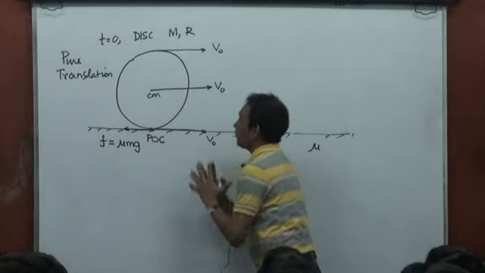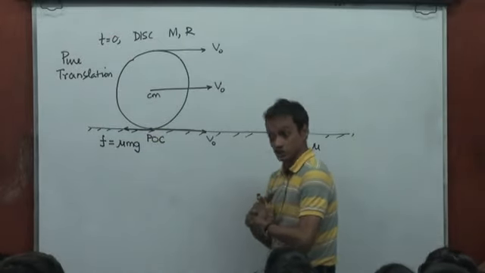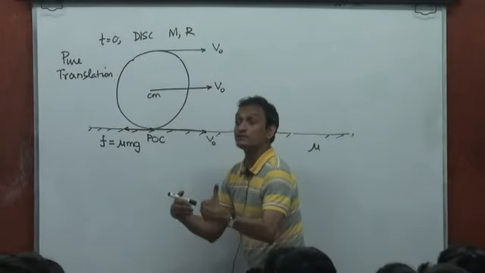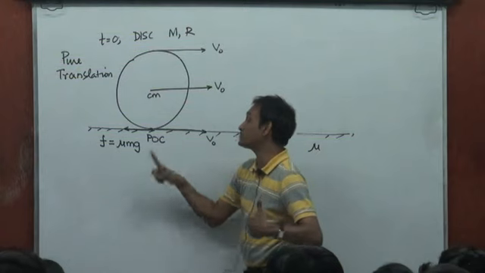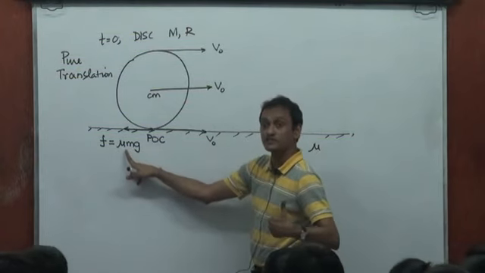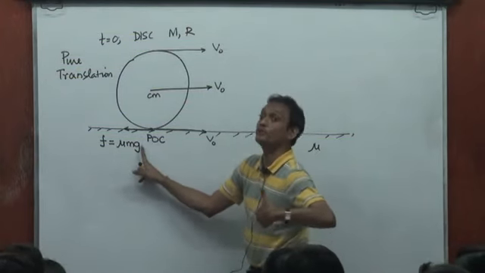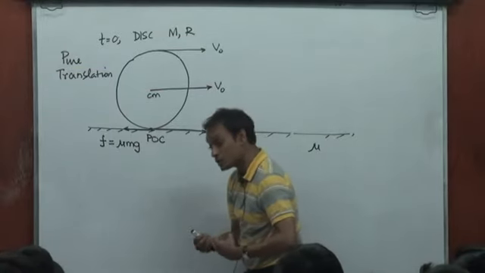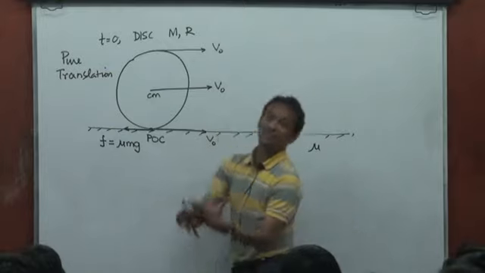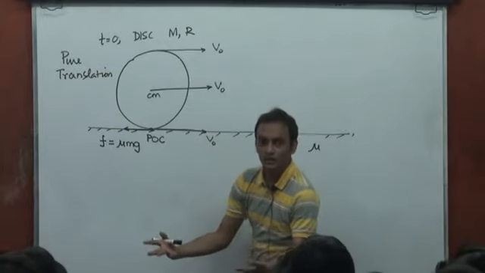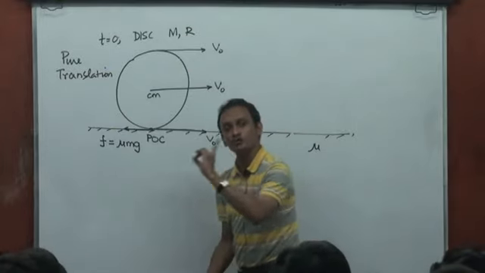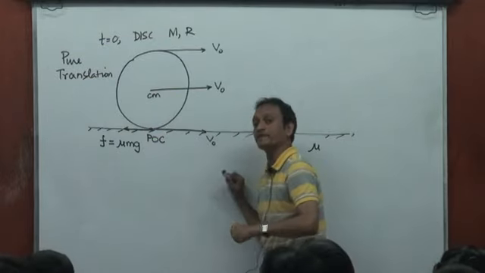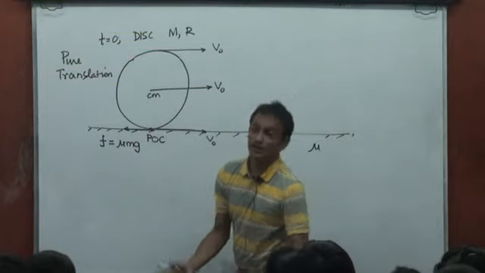As far as the center of mass is concerned, it has a velocity v0 to the right, and it will experience a retardation because of this frictional force. The retardation would be mu g. The net effect of a certain force in terms of translation is felt by the center of mass. So the center of mass experiences a leftward force mu mg and therefore a leftward retardation mu g.